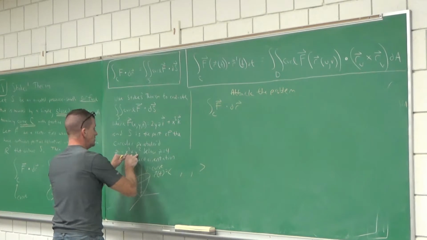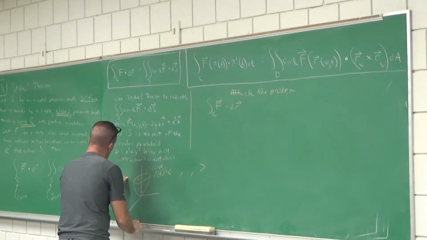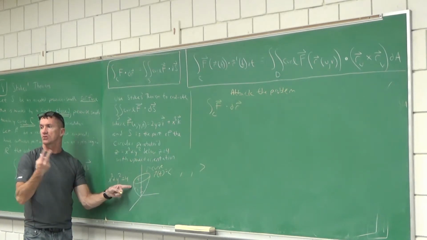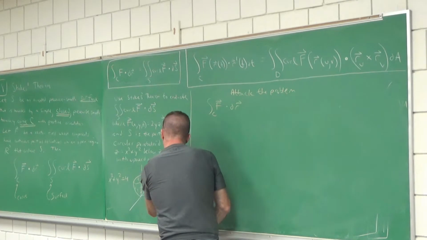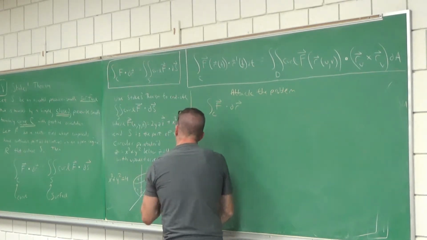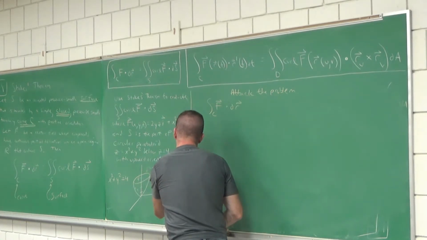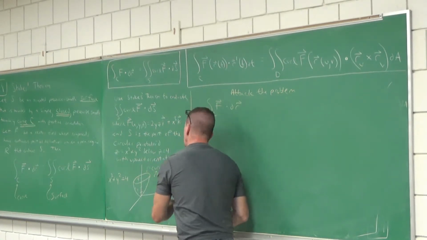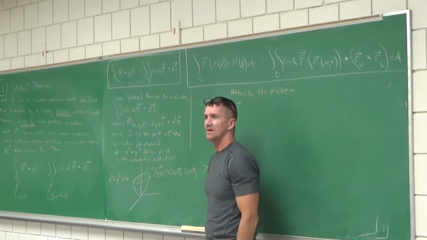They realize when this meets this, x squared plus y squared equals 4. That means the radius of this circle is 2. So to parameterize this circle, they're saying it's 2 cosine t for the x component, 2 sine t for the y component. What the heck is the z component?